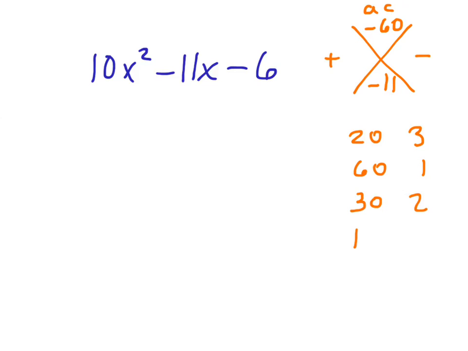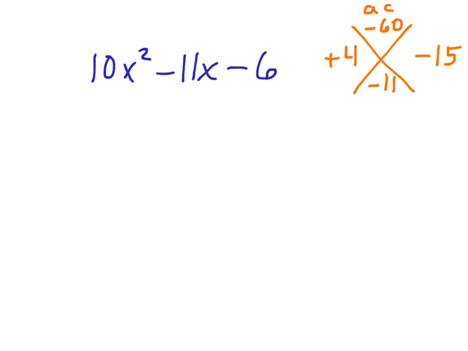All right, and hopefully eventually you'll stumble on 15 and 4. Now 15 minus 4 does not give negative 11, but 4 minus 15 does. So if I make this a positive 4 and a negative 15, that still multiplies to be negative 60, but now when I add 4 and negative 15, I do get negative 11. So that's the combination that I want.